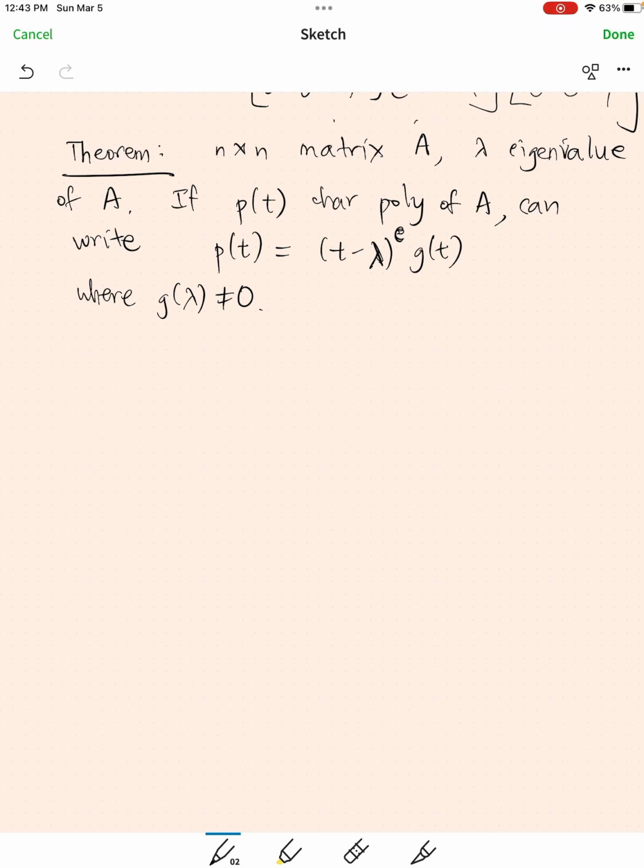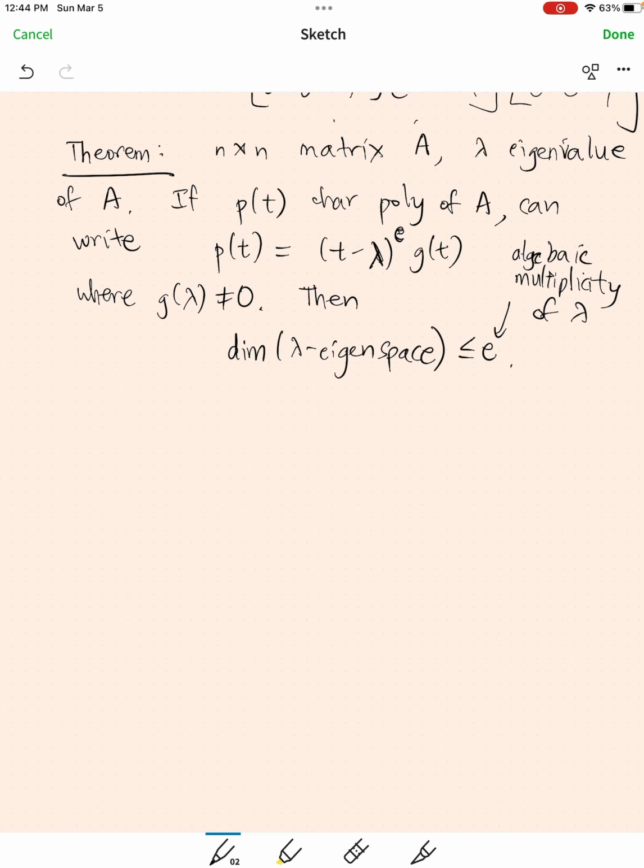Right. Now that's not the theorem. The theorem is that the dimension of the lambda eigenspace, all the vectors that are scaled by a factor of lambda, has to be less than or equal to E. So that's the multiplicity of lambda, and sometimes in the context of eigenvalues, this is called the algebraic multiplicity.